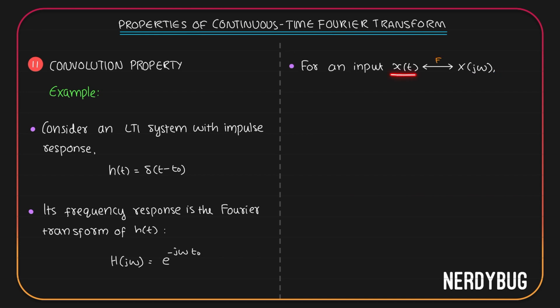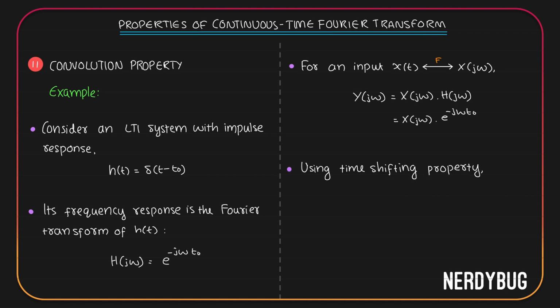Assume our input is x of t and its Fourier transform is x of j omega. According to the convolution property, the Fourier transform of the output y of t, y of j omega, is going to be the product of x of j omega and h of j omega. So here it is going to be x of j omega multiplied by h of j omega, which is e raised to minus j omega t naught.